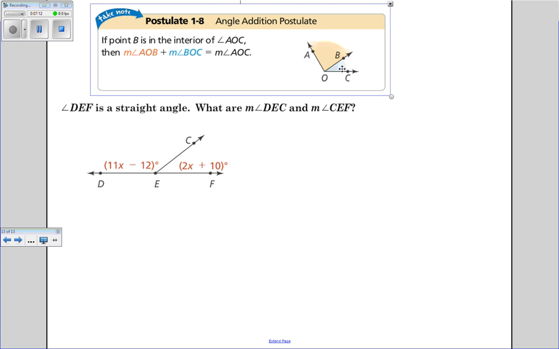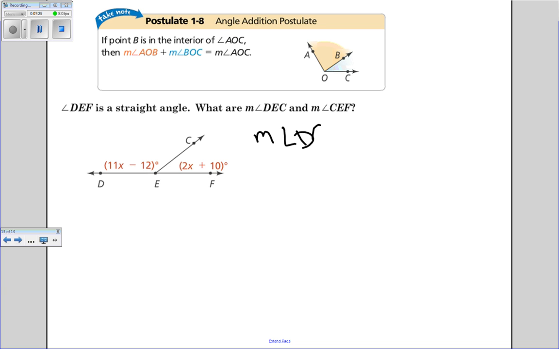Alright, so let's look here. We have three angles in this picture. We have two little ones and they make up a bigger one. Let's see if we can name them. The measure of angle DEC plus the measure of angle CEF is going to equal the measure of angle DEF.